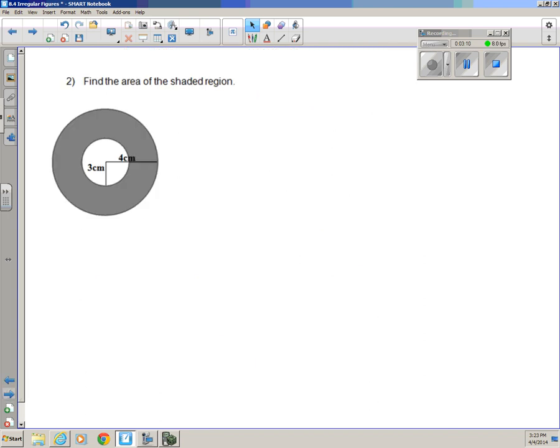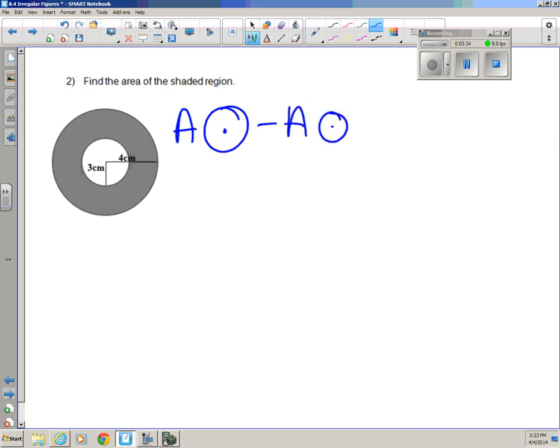Okay, find the area of the shaded region. Well, we've got a big circle and we've got a small circle. Hopefully you realize that if we find the area of both circles and subtract them, if you take the small away from the big, you should have your final shaded area. So essentially we need the area of the big circle minus the area of the small circle.